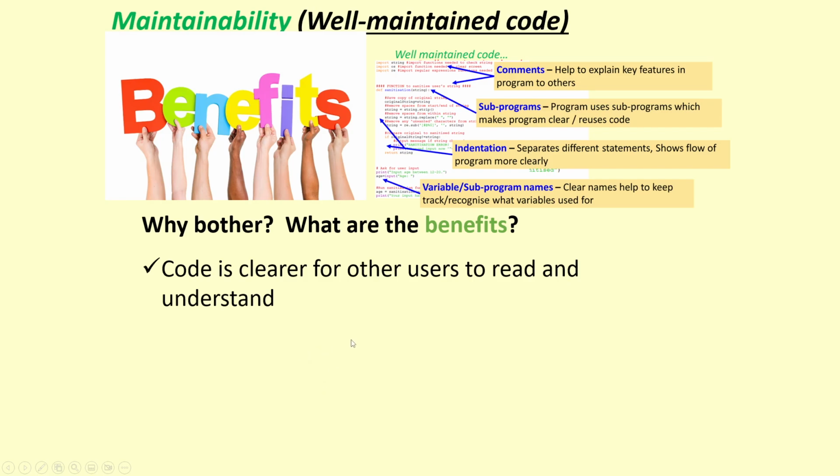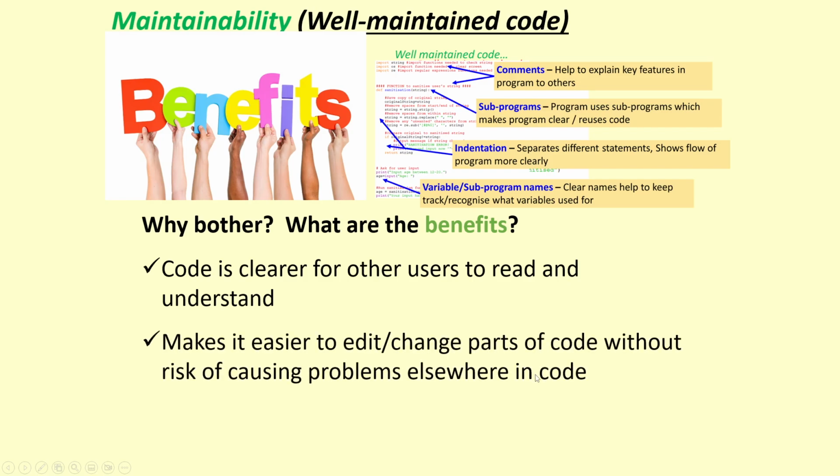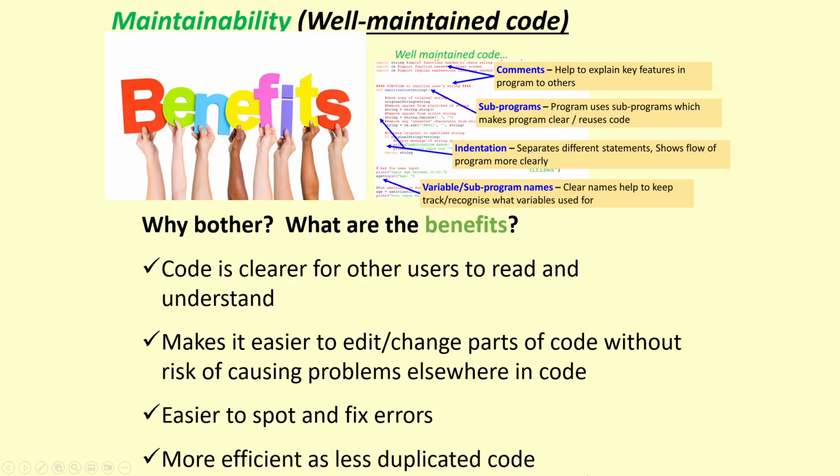It makes the code clearer for others to read and understand. It makes it easier to edit or change parts of the code without risk of causing problems elsewhere because you know what the code is doing. It's easier to spot and fix errors in the code. And it's also more efficient because there's less duplicated code, less code being copied and pasted.